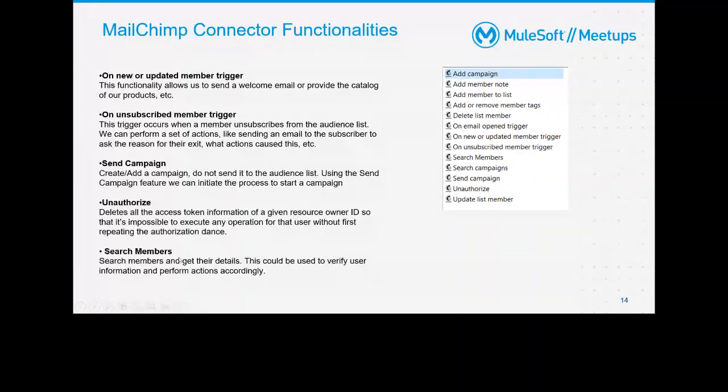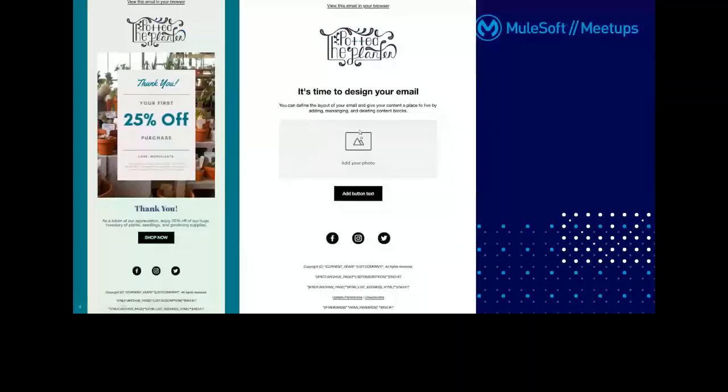Okay, now as you can see, these are some of the designs we can create with our MailChimp service. You can see this shop now. You must have received emails like this from Zomato or maybe Swiggy. This you can create with MailChimp as well.